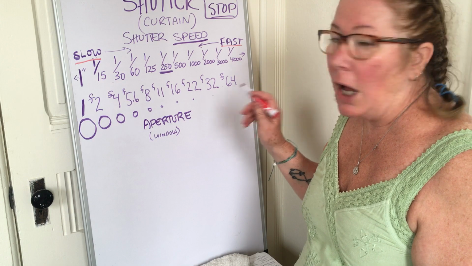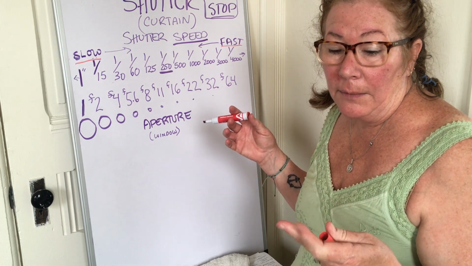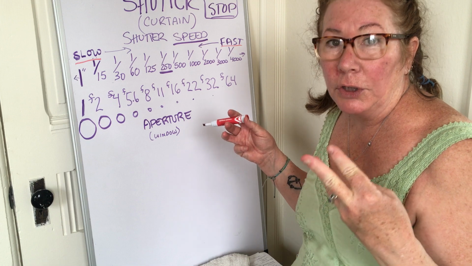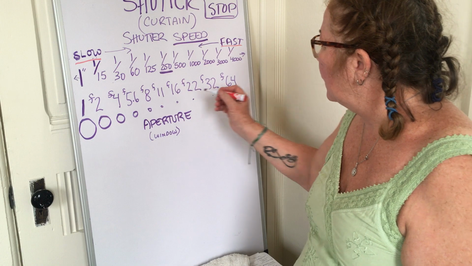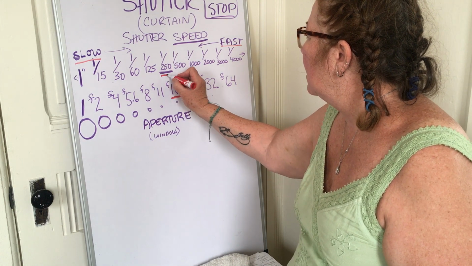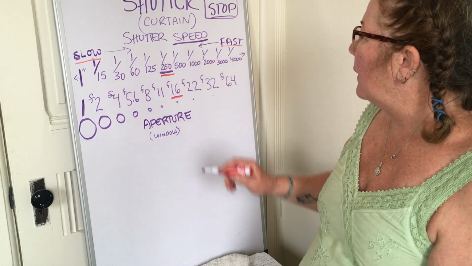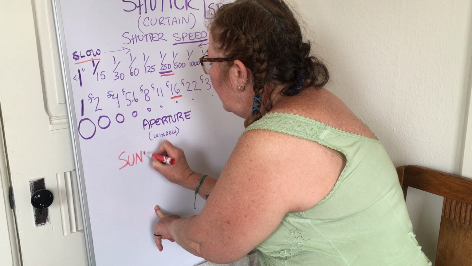So we're going to talk in our lecture about our assignment number 3. We'll talk about the motion. But I want to just go over this really quick. So we're starting off with a shutter speed of 250 and an aperture of f16. That's our Sunny 16 rule, remember?